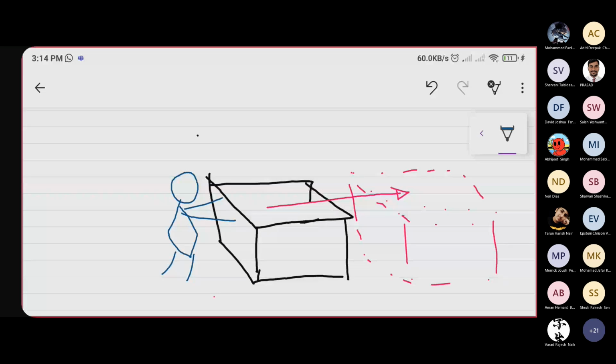Then what is this person doing? This person is doing whatever three people are doing. That means the three people's forces are converted into one.